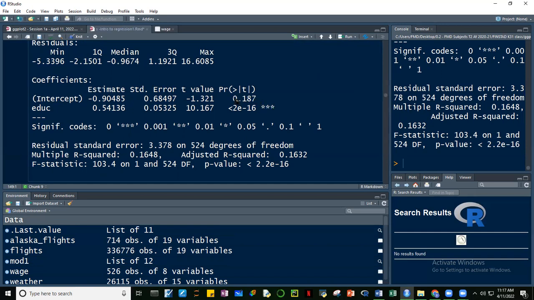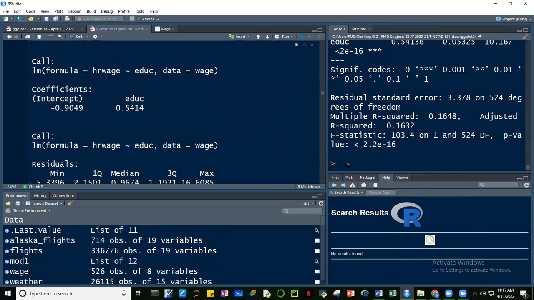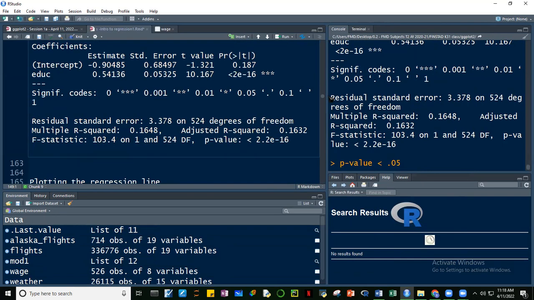Sabi natin that the p-value should be less than 0.05. Just a very quick review, guys. The p-value should be less than 0.05 for us to make a conclusion about our statistical test.